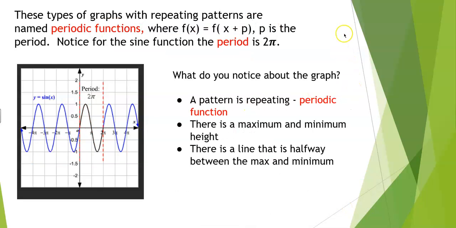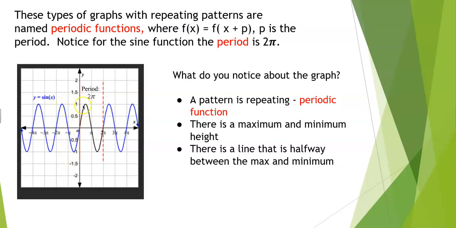Here are our definitions. This type of function that's repeating is called a periodic function because a pattern is repeated, and that repetition of the first one, that x value right there, is called the period. Then you repeat it again over another 2 pi, whatever x is, time or whatever it is, and it's always repeated.